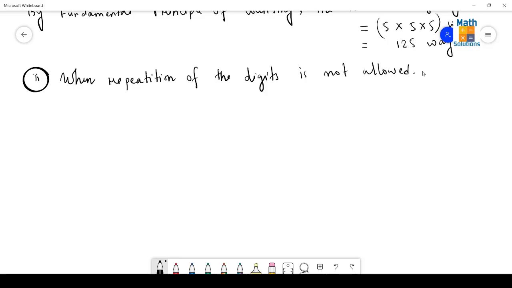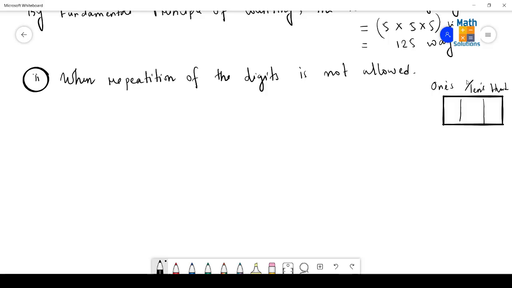So how do I write? Of course I have to make 3 boxes here also. This is ones place, this is tens place, and this is hundreds place.